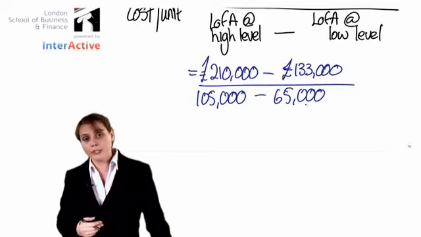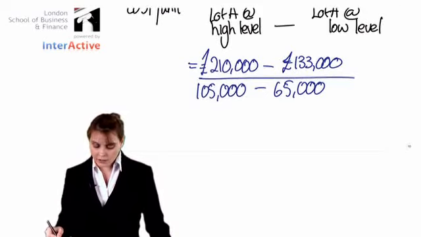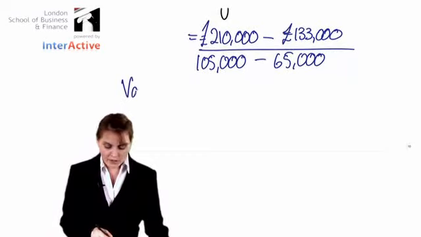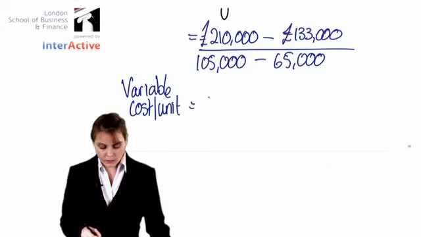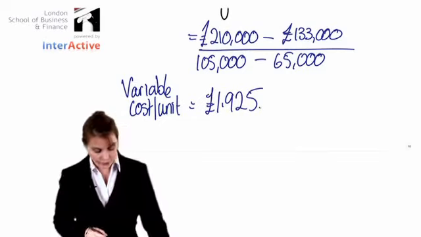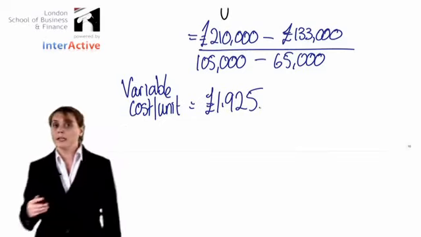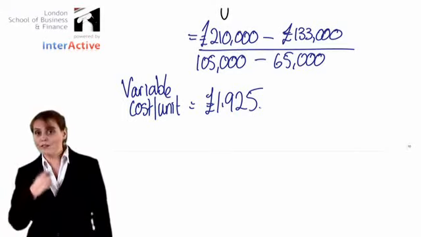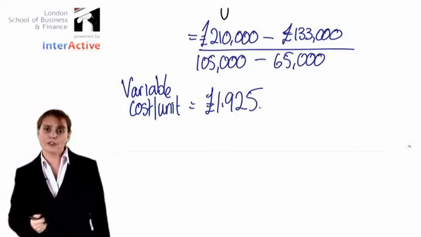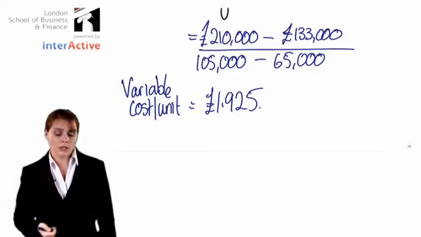If you work that through on your calculators then, you should come up with a variable cost per unit of £1.925. And that's our first step done. So we've calculated the variable element of total cost.